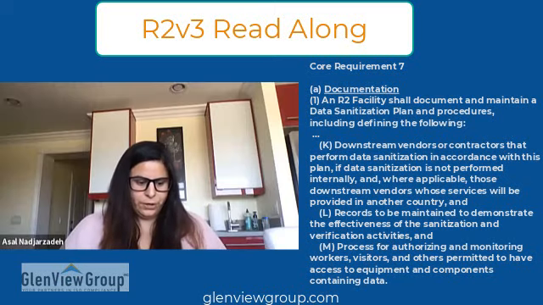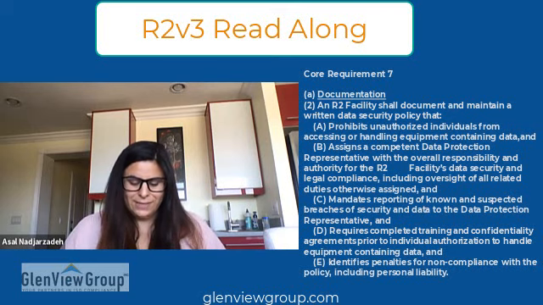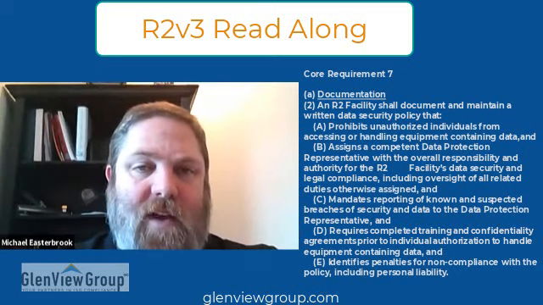And with that, we are going to go to section A2, still talking about documentation. An R2 facility shall document and maintain a written data security policy that A, prohibits unauthorized individuals from accessing or handling equipment containing data. So this one, like you said, is part of the documentation.